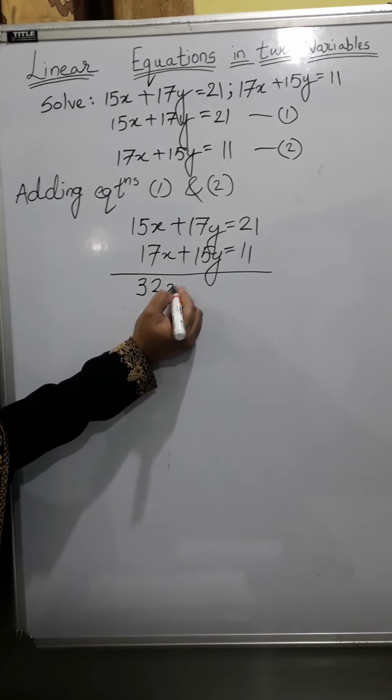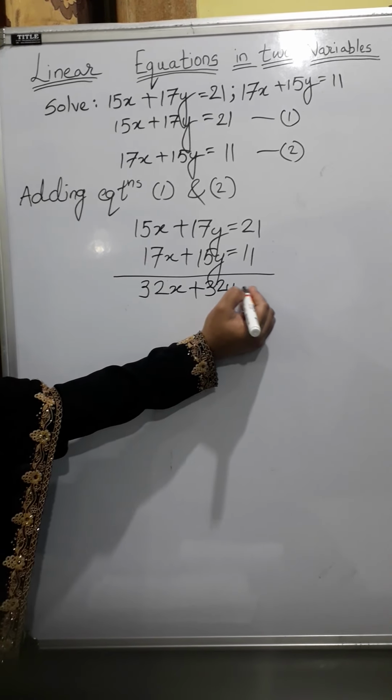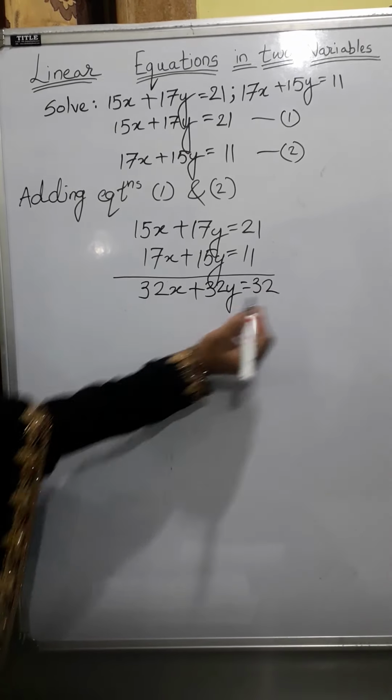Now we have to add these equations. So by adding, what will we get? 32x plus 32y is equal to 32.